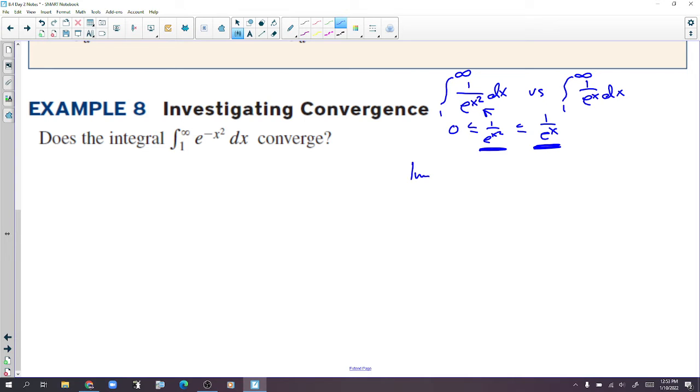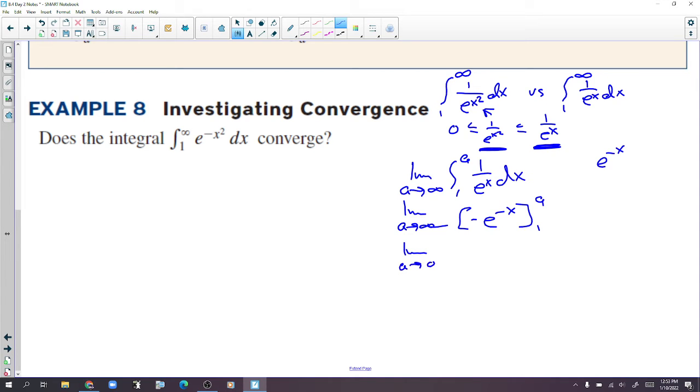So we're going to take the limit as a approaches infinity of the integral from 1 to a of 1 over e to the x dx. Now that's e to the negative x. So our antiderivative is negative e to the negative x from 1 to a.